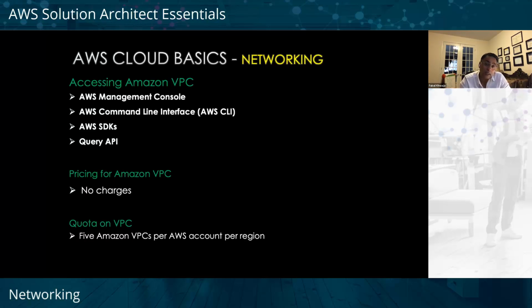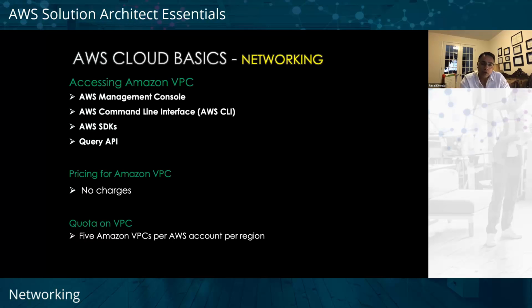You can also use the SDK. So if you're a coder, or your team or your organization wants to access some of the environment, EC2 instances, via code, you have AWS SDKs that allow you to access those assets in the AWS environment using the software development kit.